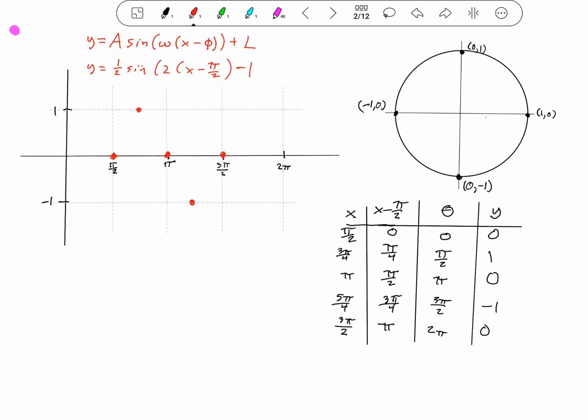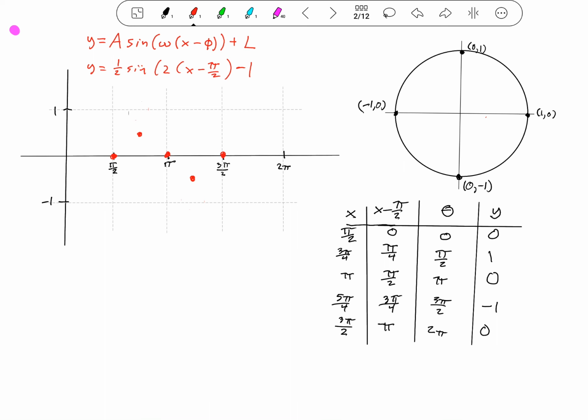However, I haven't yet taken the multiplication by 1/2 into account. So my two points that are above the axis and below the axis both have to be multiplied by 1/2 and brought to 1/2 and negative 1/2.